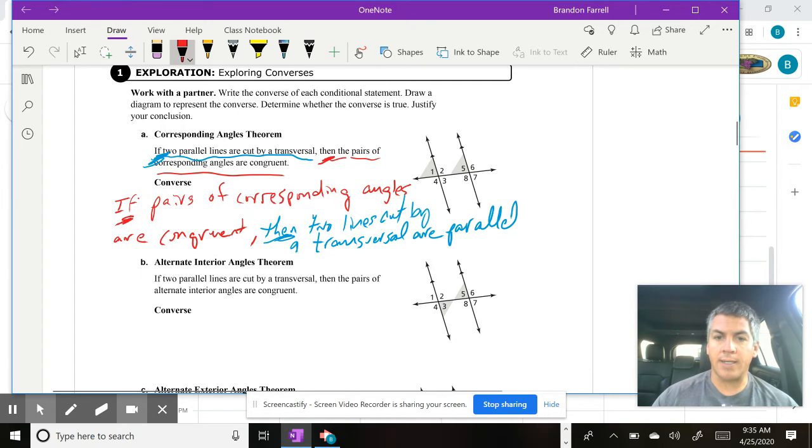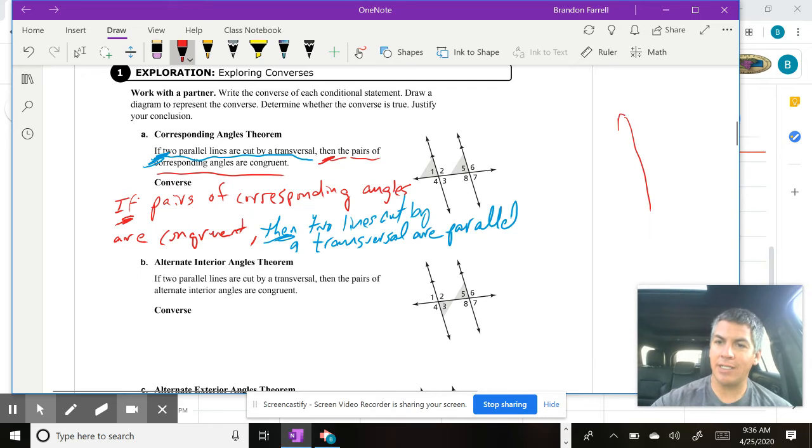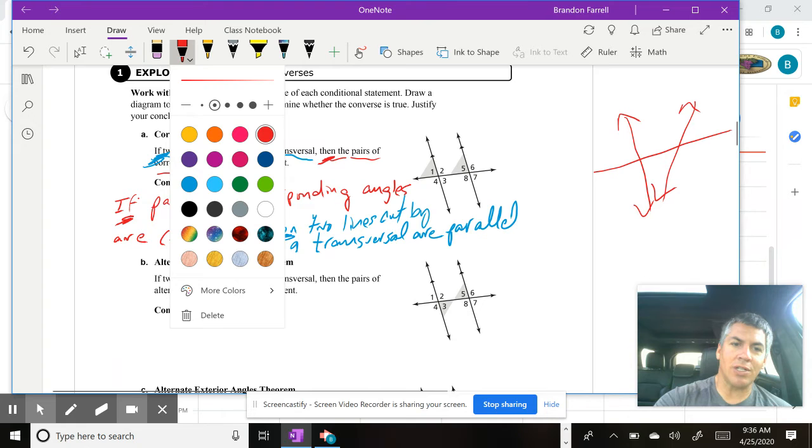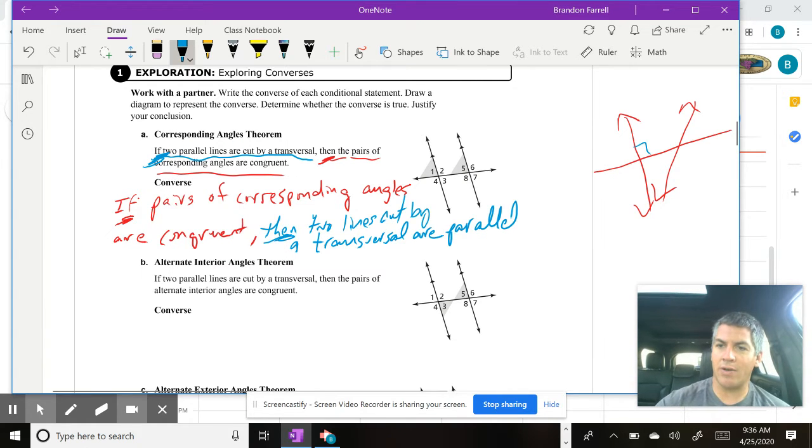All right. It doesn't make sense to draw two lines that obviously aren't parallel, cut them by a transversal, and then say something ridiculous like this angle here and this angle here, which are corresponding, are congruent. It just doesn't make sense that way.